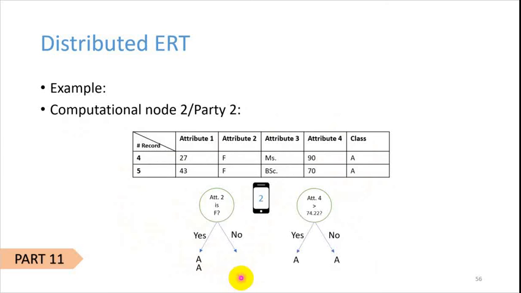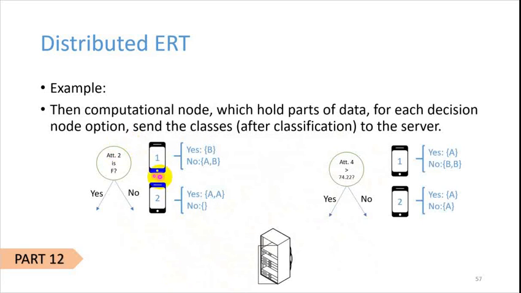Finally, we share the labels after classification for each of these decision node options with the server. You can see that for decision node option 1 on computational node 1, we would have these two vectors. And for decision node option 1 on computational node 2, we would have these two vectors. And the same thing for decision node option 2.